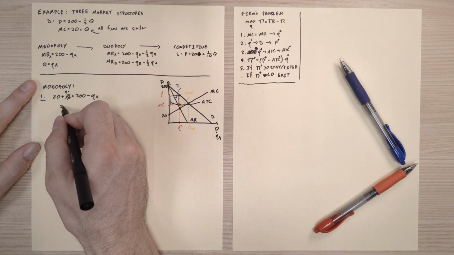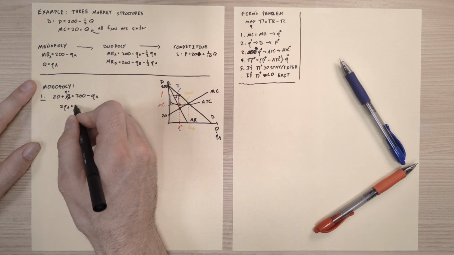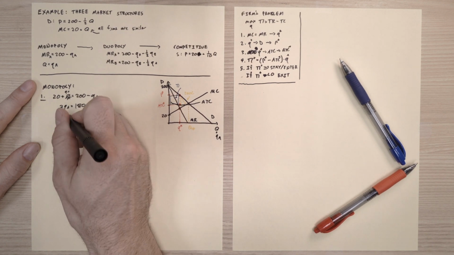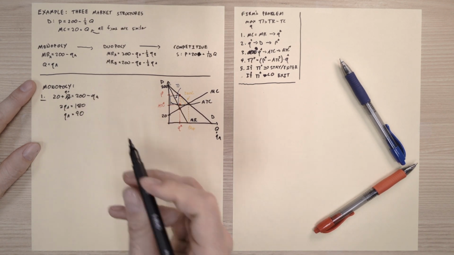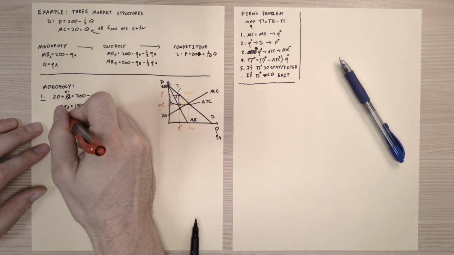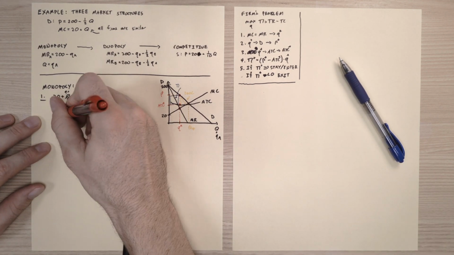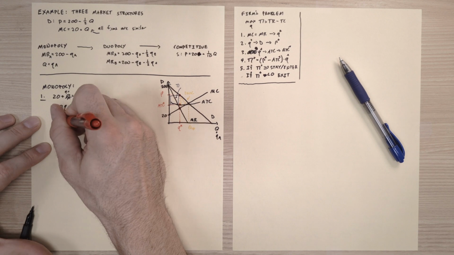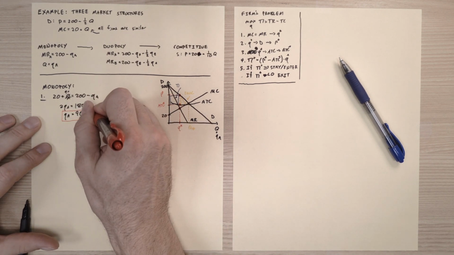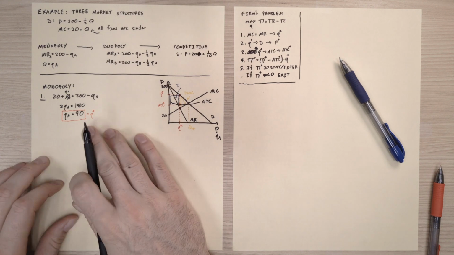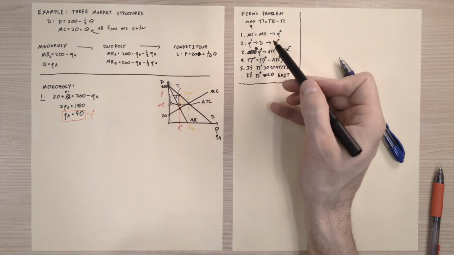We have 2 QA is equal to 180, and then QA is equal to 90. So this is our Q star. Nice. So we found Q star using our general process.